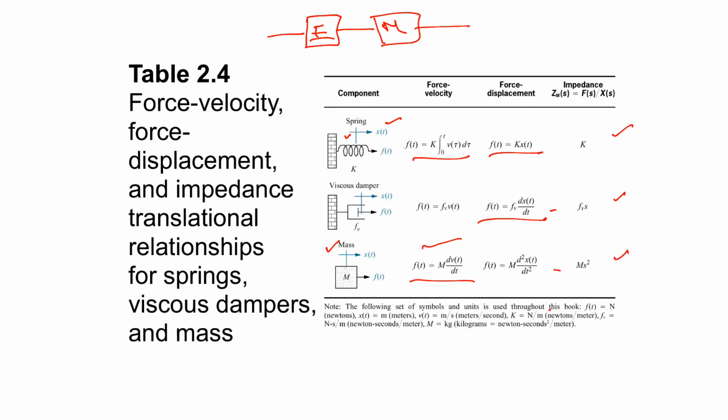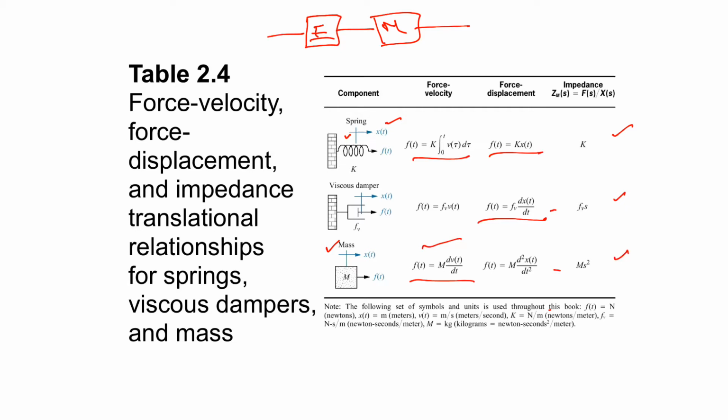Now the mechanical systems parallel the electric networks to such an extent that there are analogies between the electrical and the mechanical components and the variables. Mechanical systems, like electrical networks, have three passive linear components.